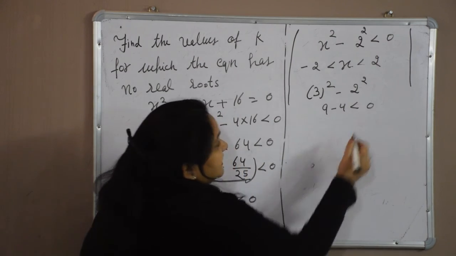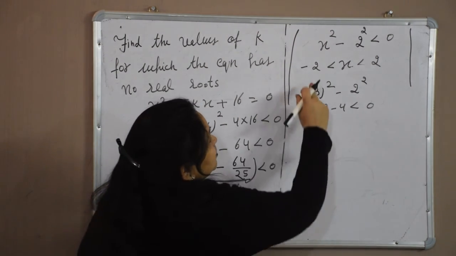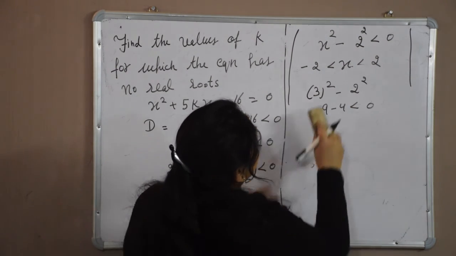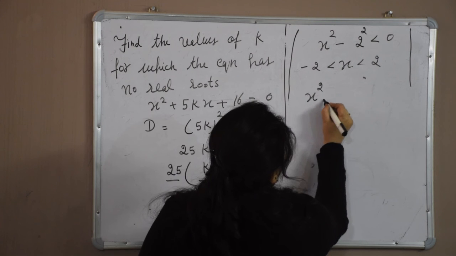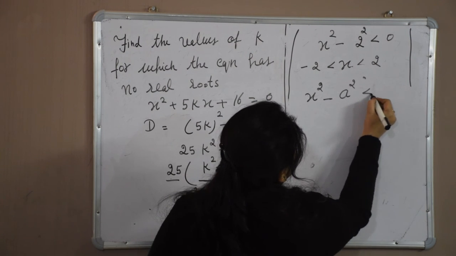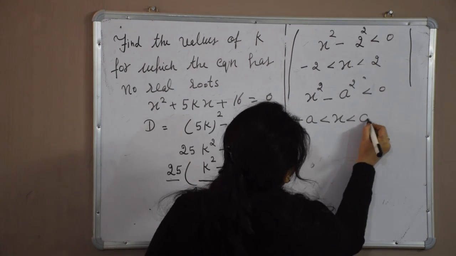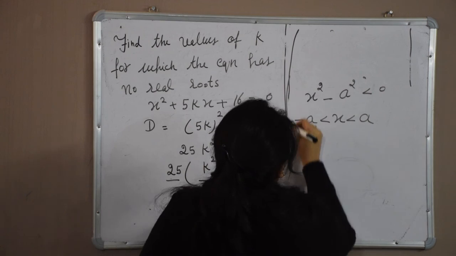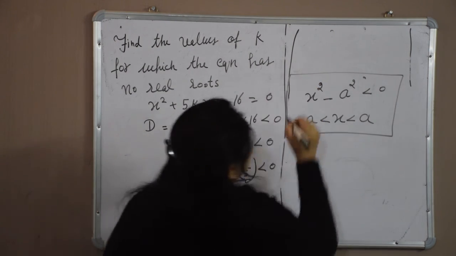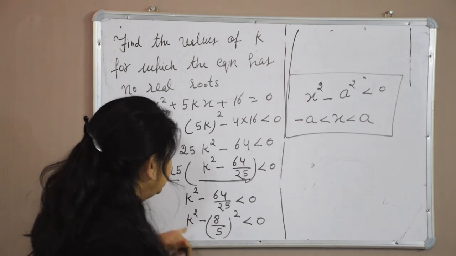Can we say it is less than 0? No. So we have to take numbers only between minus 2 and 2. This is the result: if x square minus a square is less than 0, then x should always be greater than minus a and less than a. This is a very important result. We can use it in other questions also, and we can use it here also.